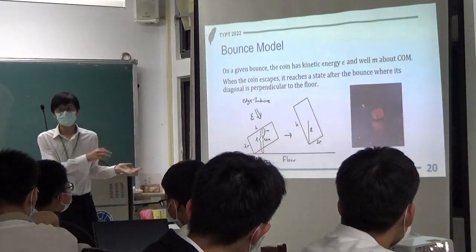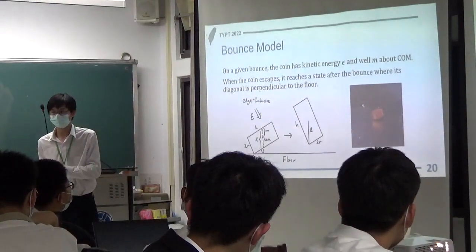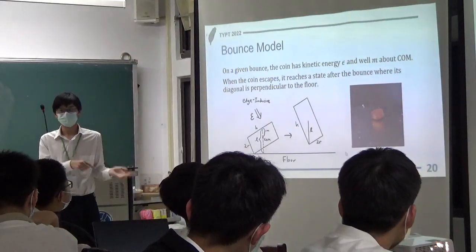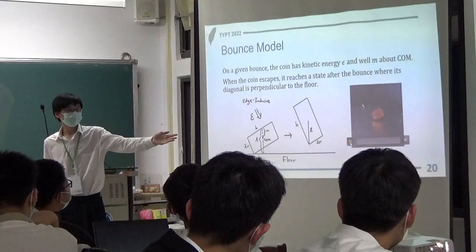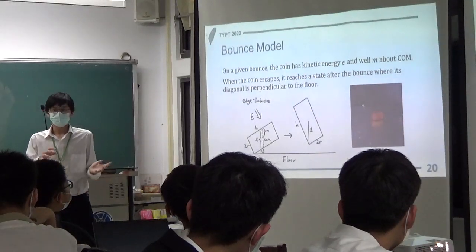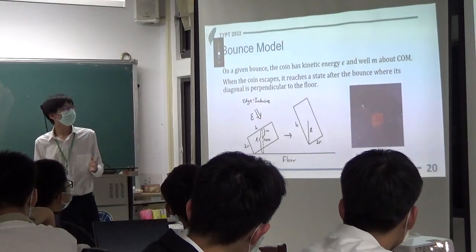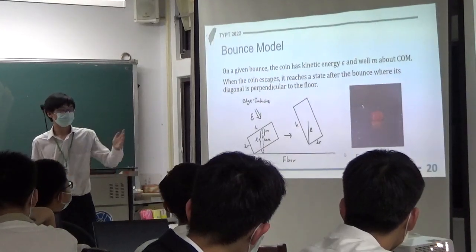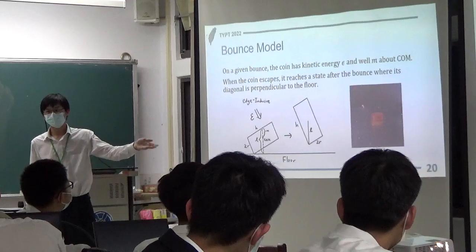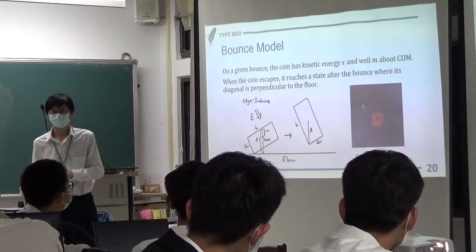So as a result, it can go from an edge-induced bounce to a head-induced bounce, or a head-induced bounce to an edge-induced bounce after. And if it does not escape, then this is what happens. It sort of wobbles in place and always stays in the same type of bounce. And as a result, if it fails to escape from an edge-induced bounce, it would land on the edge in the end.